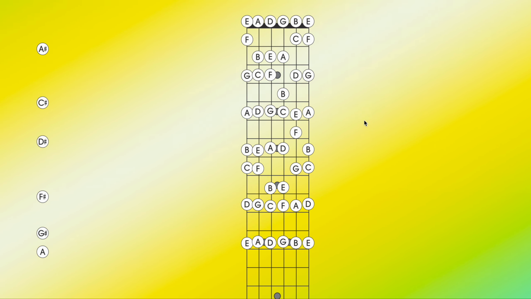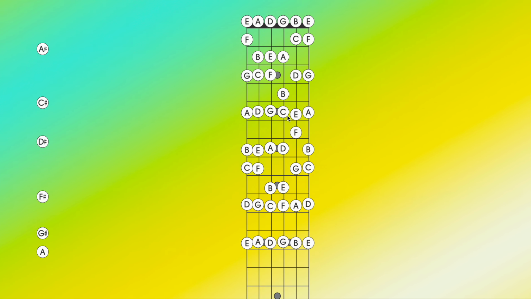So here we have the C major scale in standard tuning.